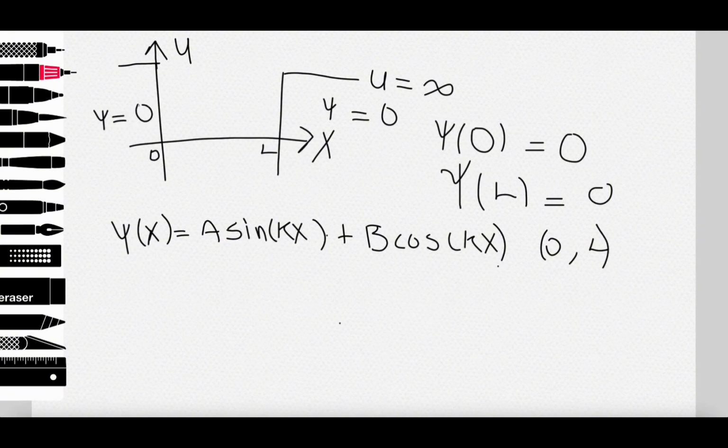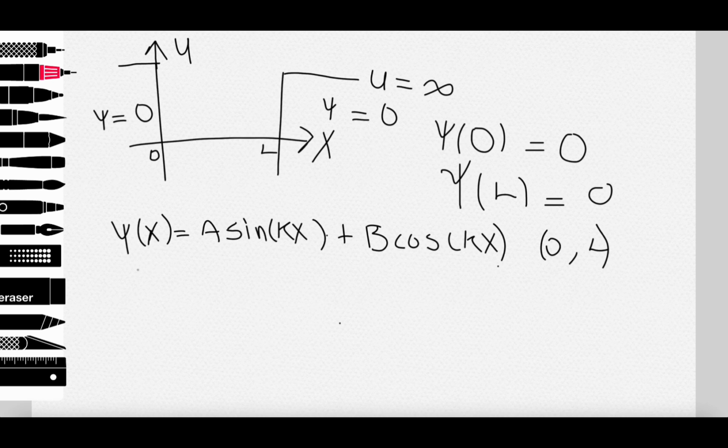Watch the previous video if you don't understand why. But a quick reminder is just that if phi equals 0, then the probability density of our wave function will also equal 0. So you can't find a particle there at all.